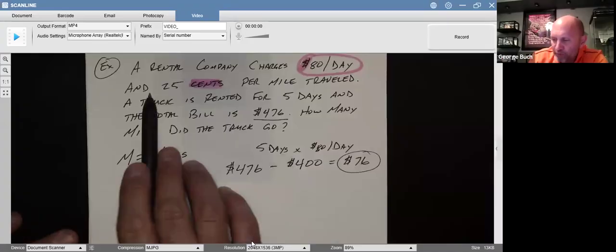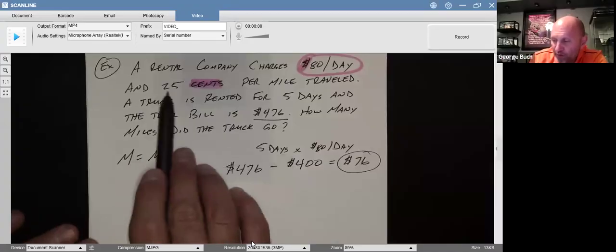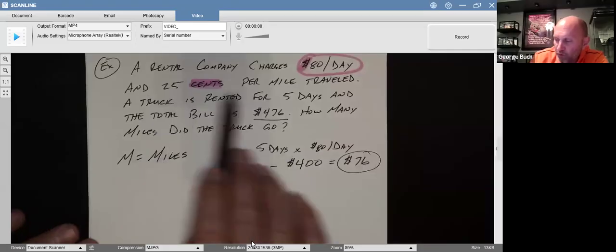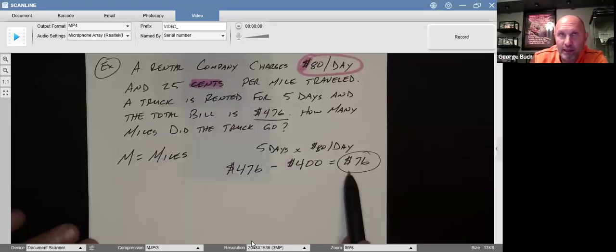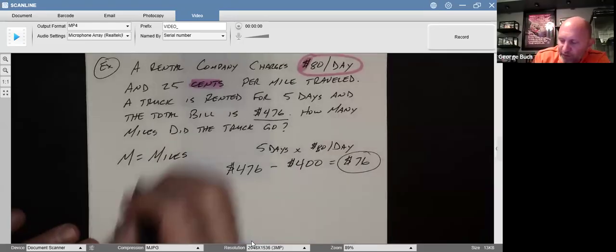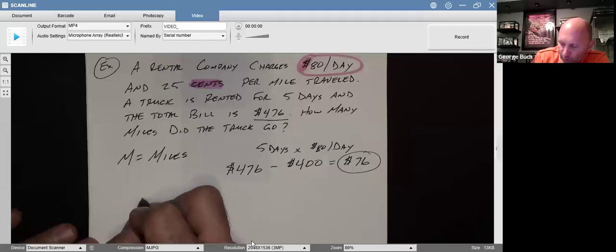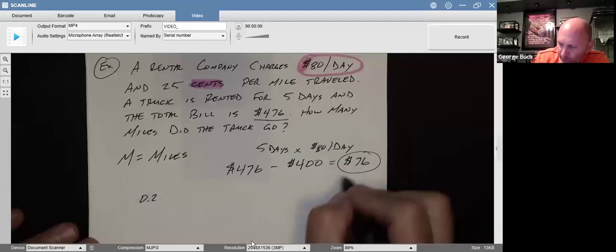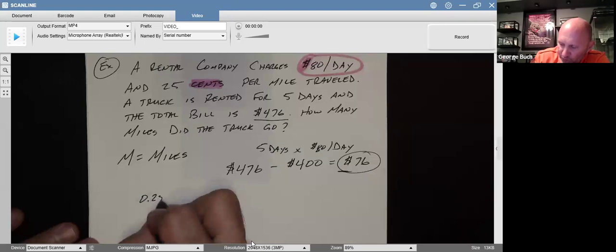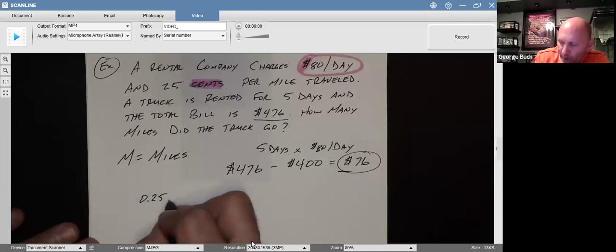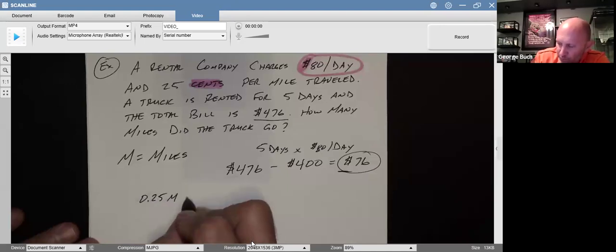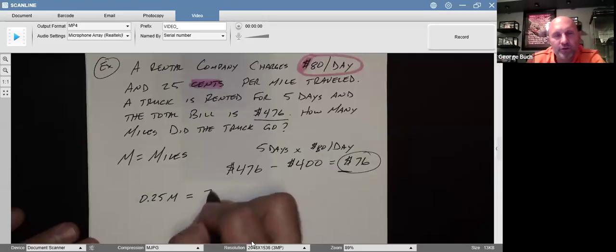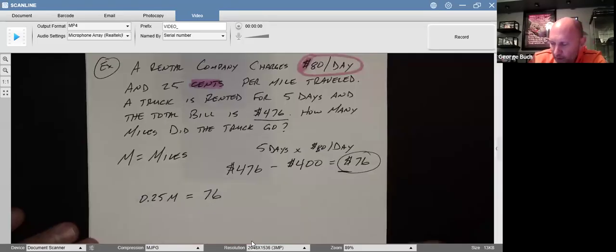What's left is we got 25 cents per mile, and the total charge for that, the equals, remember from our keywords, is 76. So 25 cents is the same as what? Because we're talking dollars here, it's $0.25 per mile is equal to 76. 25 cents a mile is $76.